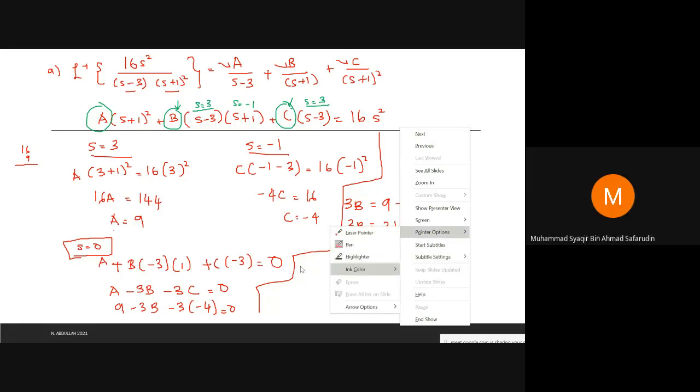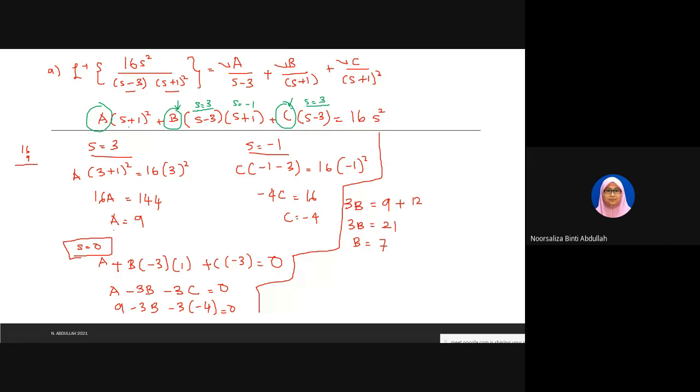Faham. Okay. So you have to choose S equals 3 so you can get B and C 0, then you can get A. Okay. So if you put S equals 3, you masukkan dekat dalam ni. So S 3 tolak 3 kosong. So B 0. 3 tolak 3 kosong.